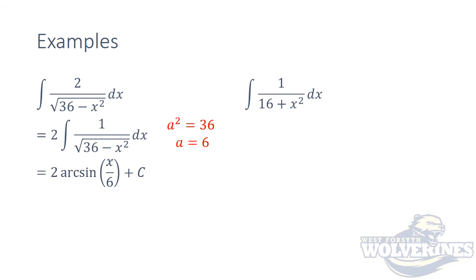But then if it's jumping out at you like, oh, this is inverse trig, I don't have an x on top, you say, okay, if 16 is my a squared, then a is 4. And if I have 1 over a squared plus x squared, that's arctangent, and arctangent has a 1 over a in front of it. So it's 1/4 times arctangent of x over 4 plus c. So that's your 1 over a times the function of x over a plus c.